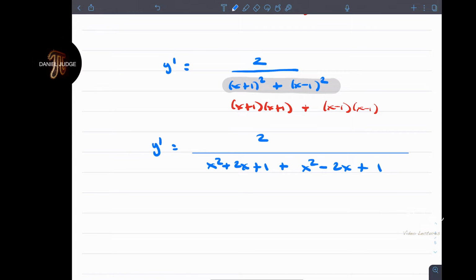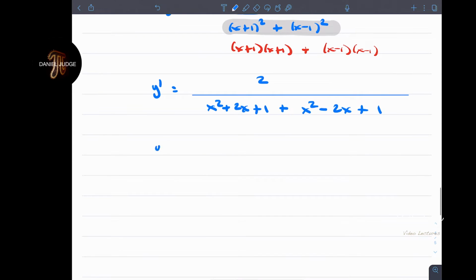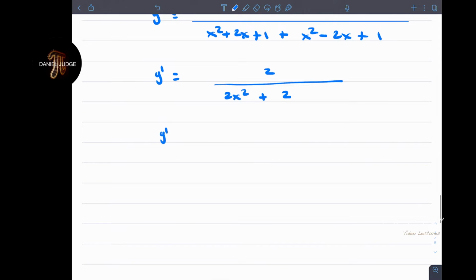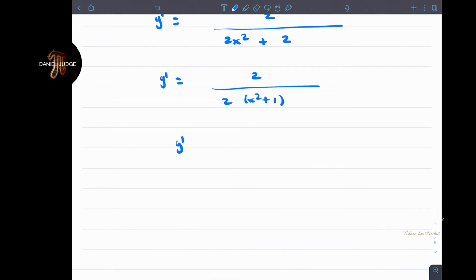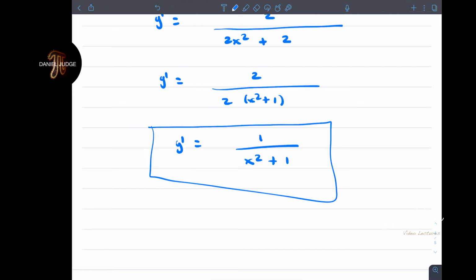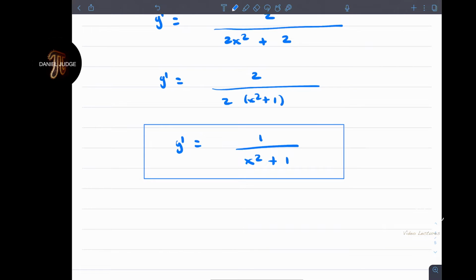And this is FOIL for each. So we have 2 over 2x squared plus 2. And it looks like we'll have 2 over x squared plus 1. And we can cancel the 2's. So it looks like we have 1 over x squared plus 1. And this is the first derivative here.